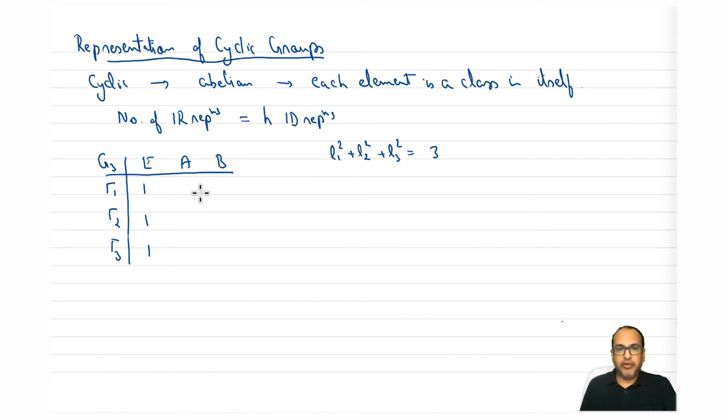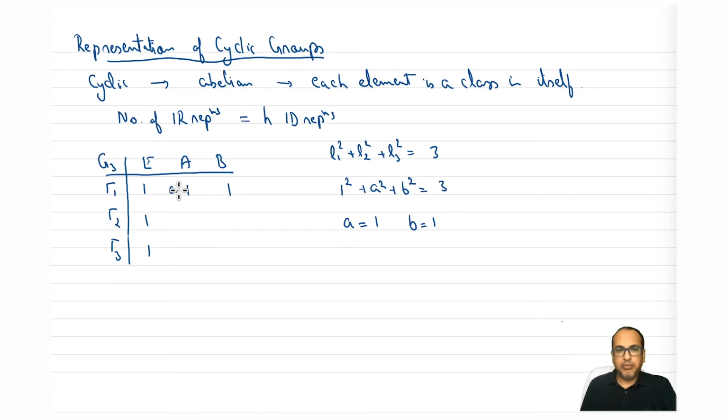Now, if we say this is A and B, the characters under A and B, the next rule says that 1 square plus A square plus B square is equal to 3. Again, the solutions here can be A equal to plus 1 or minus 1, and B equal to plus 1 or minus 1. So let's take this as plus 1 first, so we can have it as 1 and 1, right?